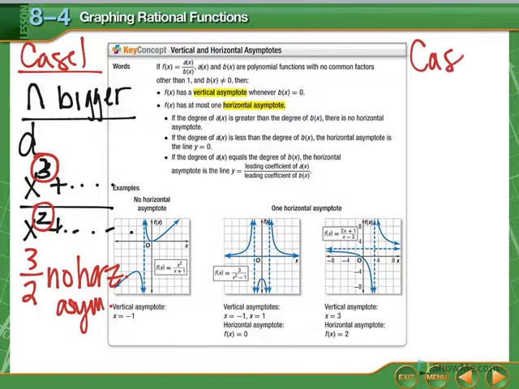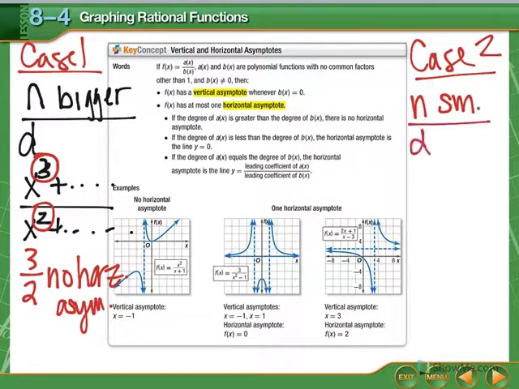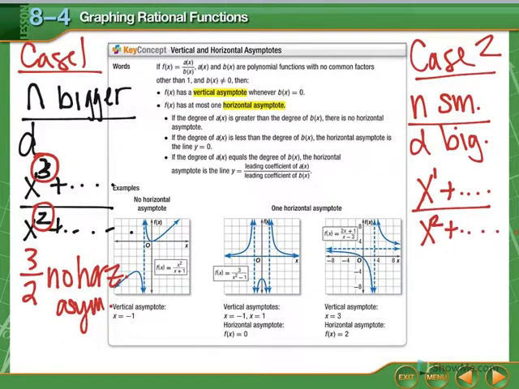Case 2, we look at the degrees and the numerator is smaller and the denominator is bigger. So you look at the degree of the variable. Say you have an x with a degree of 1 plus blah blah blah divided by x squared plus blah blah blah.